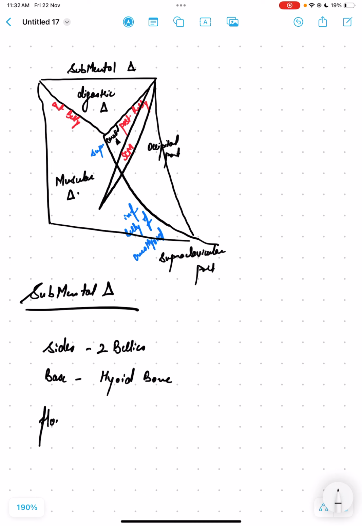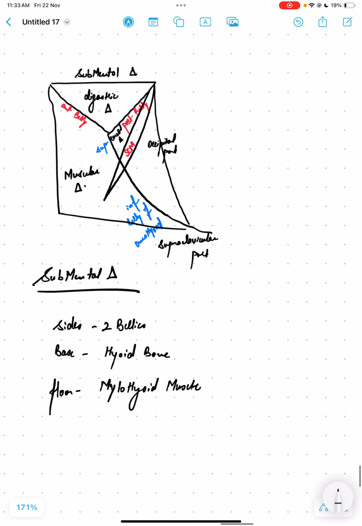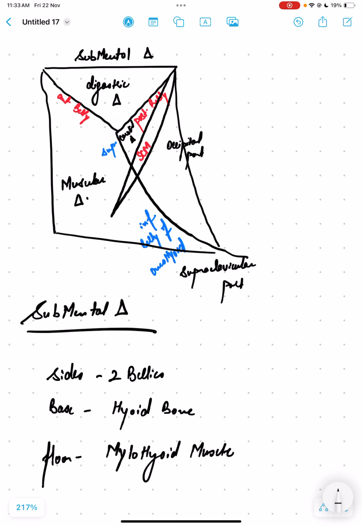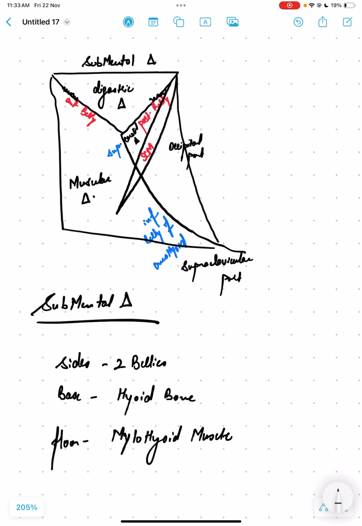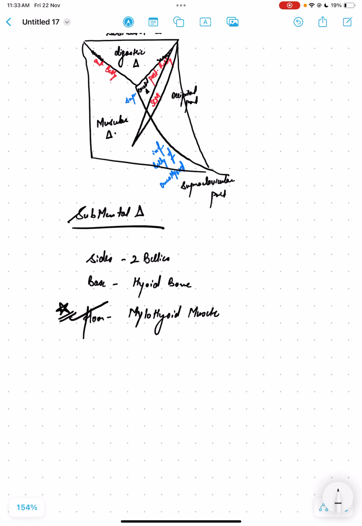The floor is formed with the help of the mylohyoid muscle. You have to remember this about the submental triangle. It is bounded by the anterior belly and the posterior belly of digastric. The floor is formed by the mylohyoid muscle, and the base consists of the hyoid bone.